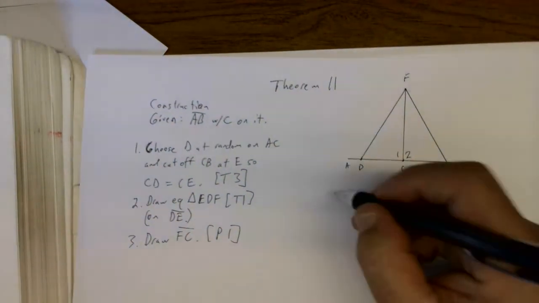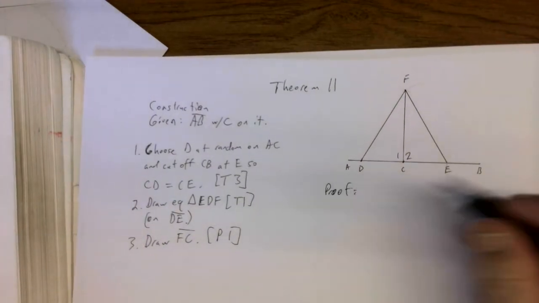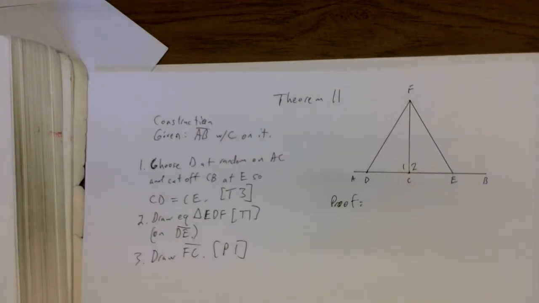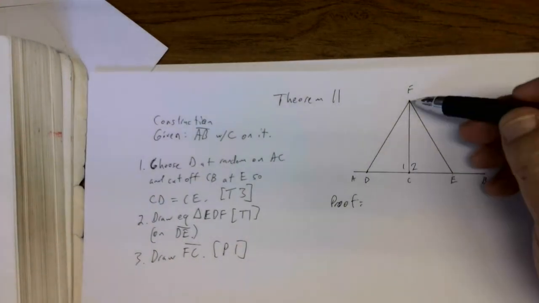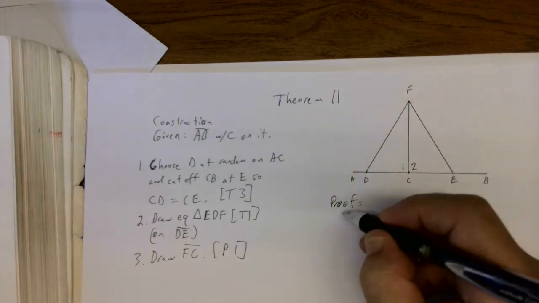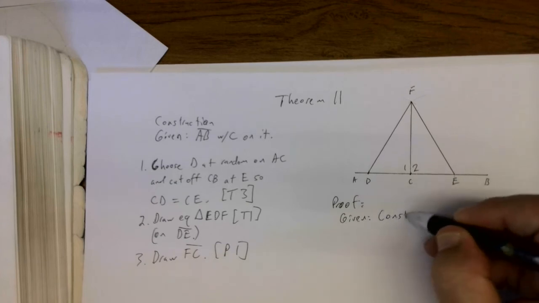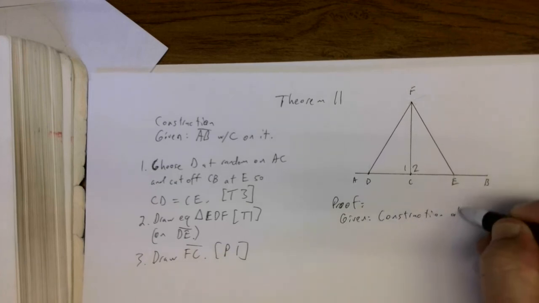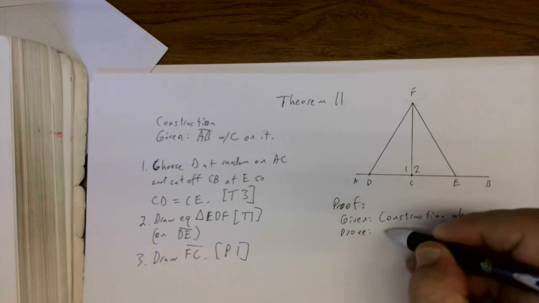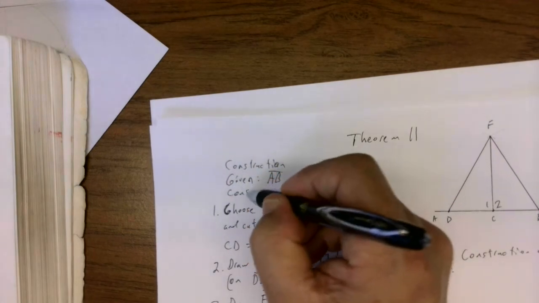All right. So all I really have to do is prove that angle 1 is equal to angle 2. And obviously, how are we going to prove that? We're going to show that there's a few triangles that are congruent here. The two triangles obviously are going to be FCD and FCE. So it's given that we have just done this construction above, and we got to prove that, oh, I forgot to say what to construct up here.